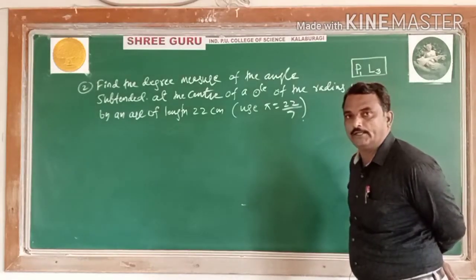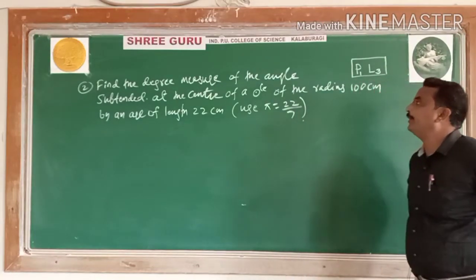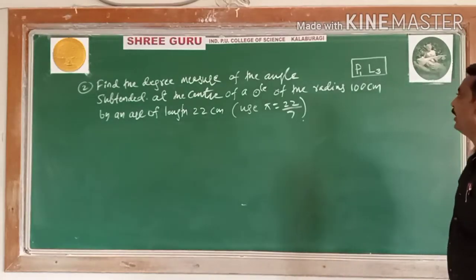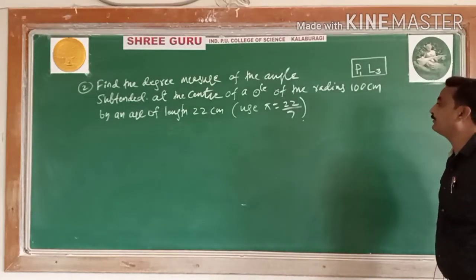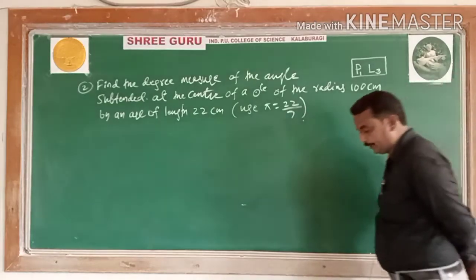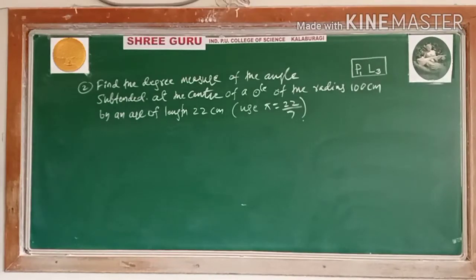You have to calculate an angle in terms of degree measure. Find the degree measure of the angle subtended at the center of a circle of radius 100 centimeter by an arc of length 22 centimeter.